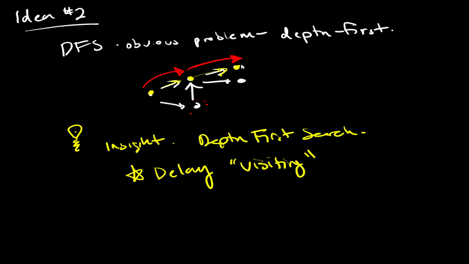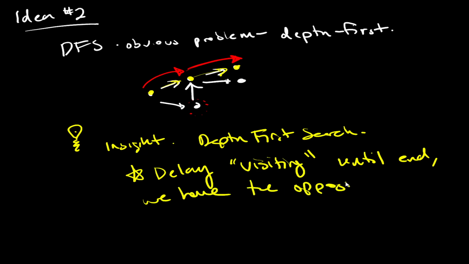If we wait until we have a node where we've reached all the children, and we visit at this point, then we have the opposite of what we want, okay? The opposite or reverse of what we want.